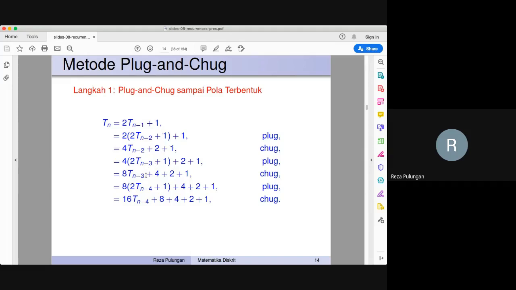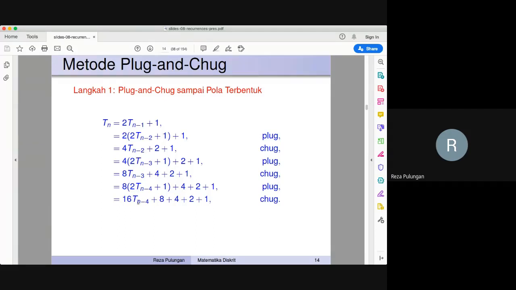When here we have n minus 3, we have in the front 8, and we have 4 plus 2 plus 1. See? Okay, let's continue. When here we have n minus 4, we have 16 at the front, and we have here 8 plus 4 plus 2 plus 1. You already see the pattern right now.